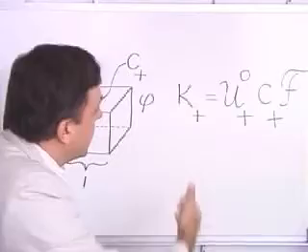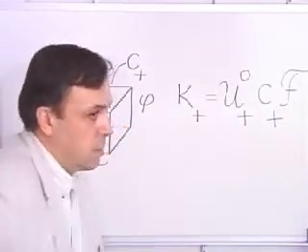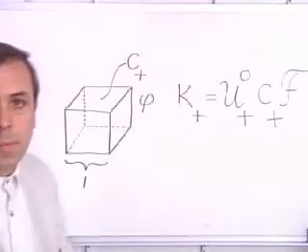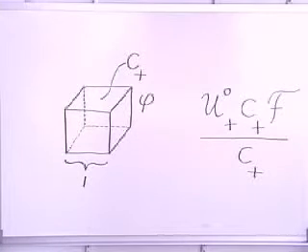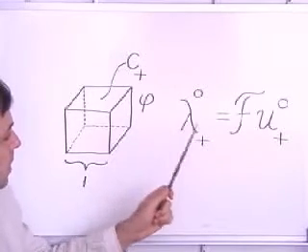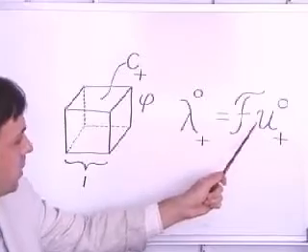We can divide this expression by the concentration to obtain the molar conductivity. And we obtain the expression for the molar conductivity of the cation in terms of its mobility.